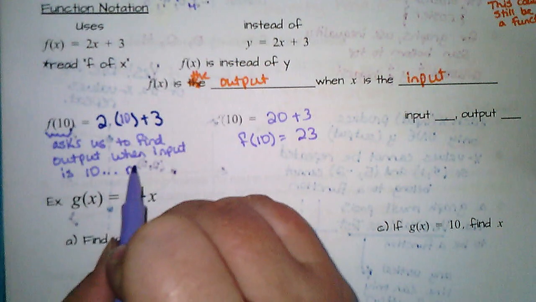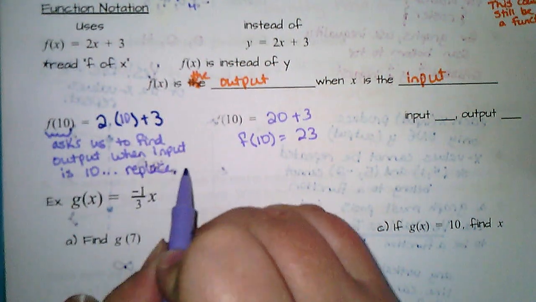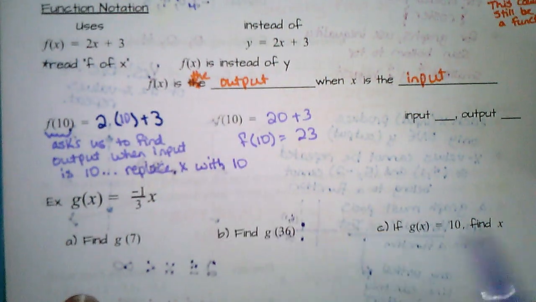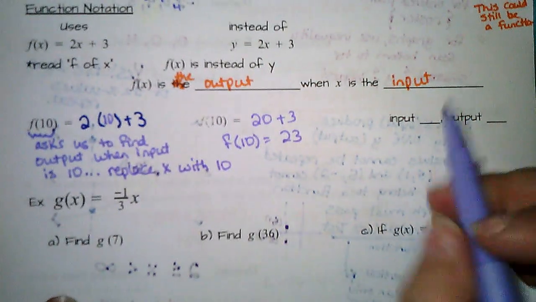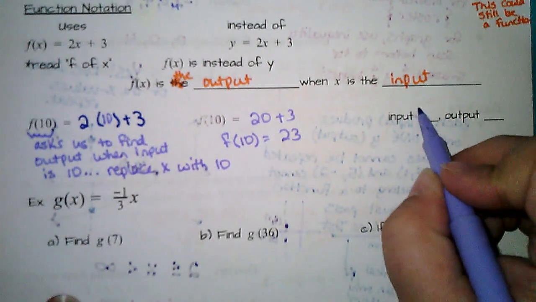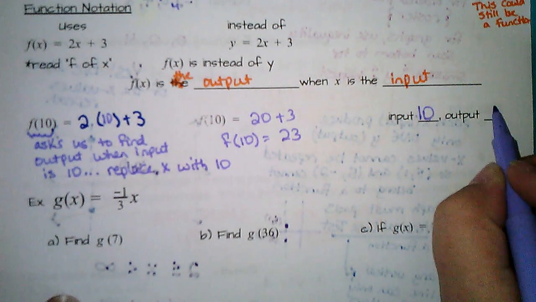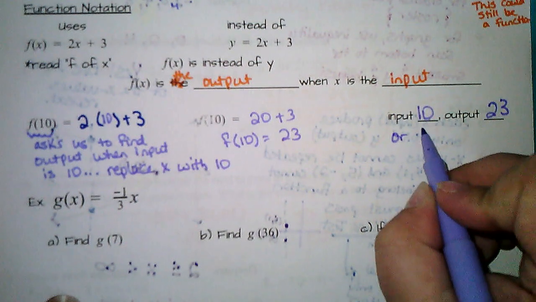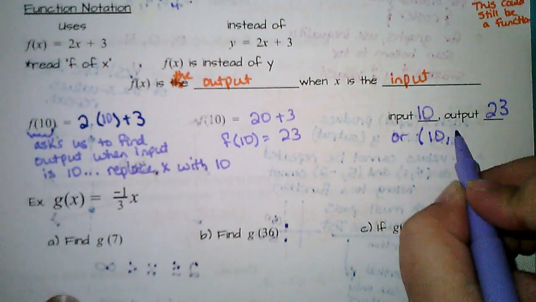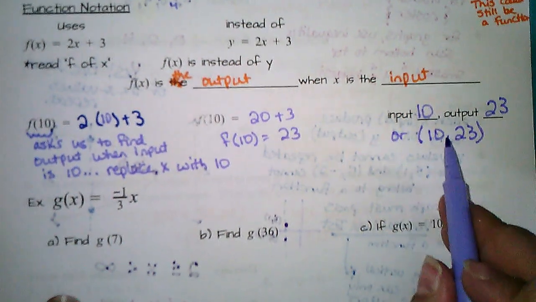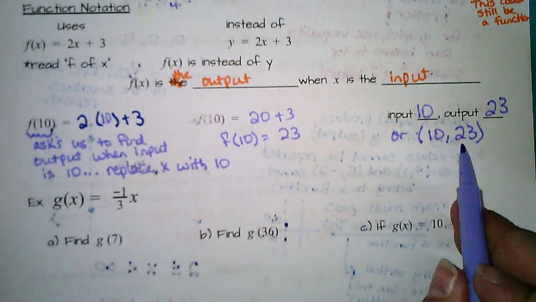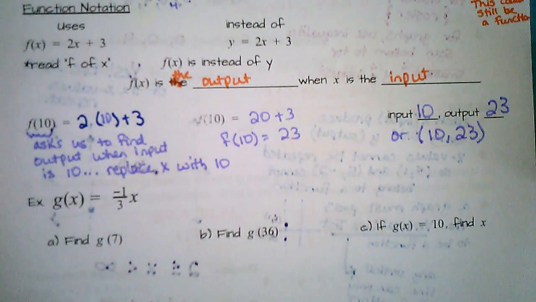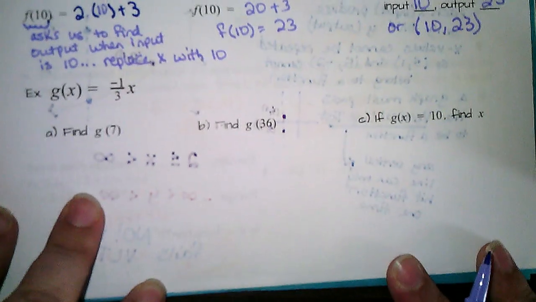So in this case, the input was 10, so the x value was 10, the output was 23. We can also rewrite that as an ordered pair, 10, comma 23. Whatever we put in is the x, whatever you get out after you do the math is the y, or output.